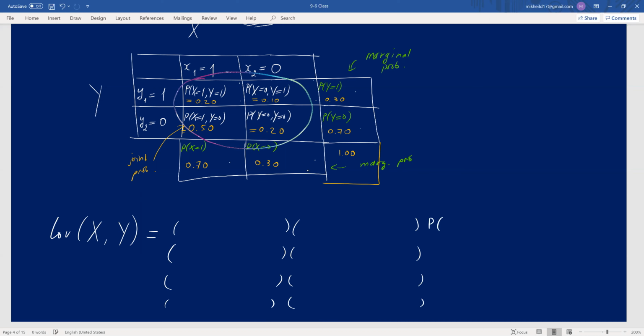So here we have probability that x equals 0 and y equals 0, times probability that x equals 0 and y equals 1, times probability that x equals 1 and y equals 0, times probability that x equals 1 and y equals 1.